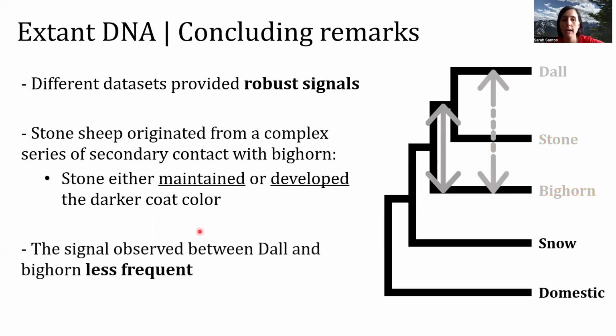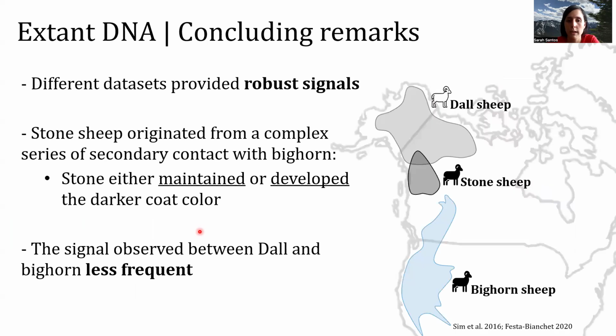And then we also had a less frequent relationship between Dall and bighorn sheep, less frequent compared to Stone and bighorn. One possibility is that if we consider that Stone is right in the middle of Dall and bighorn sheep, it could have hybridized with bighorn sheep, or the ancestors could have hybridized, and then the ancestor of Stone would have hybridized with Dall, or even currently hybridizing and passing along that genetic information.